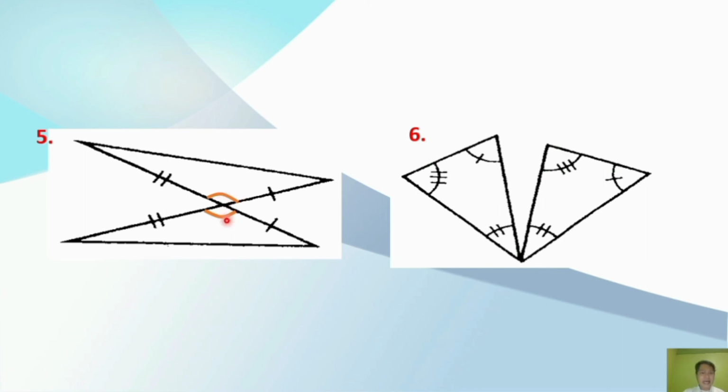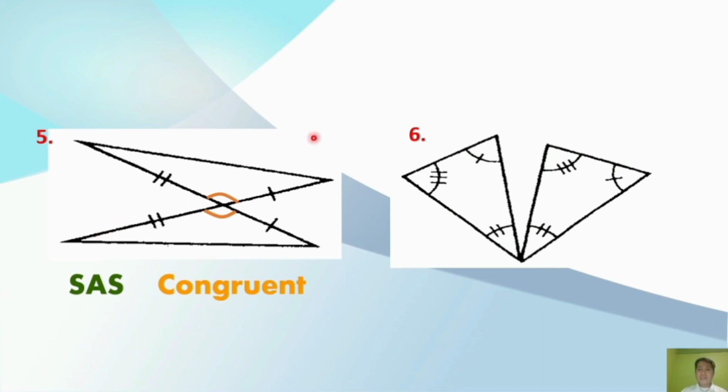They are opposite angles that are formed by two intersecting line segments, and therefore we can call them vertical angles, and they are congruent. So we have side, angle, side, or SAS congruence postulate. And obviously, the two triangles are congruent based on SAS congruence postulate.